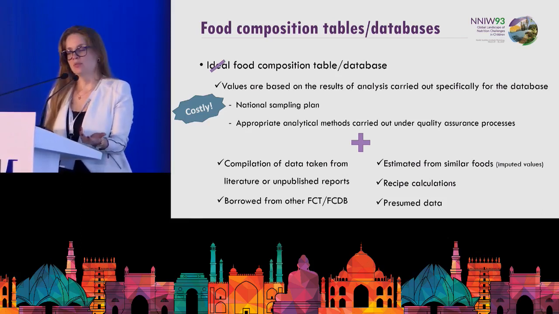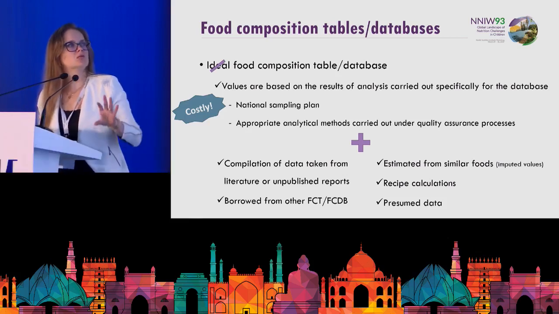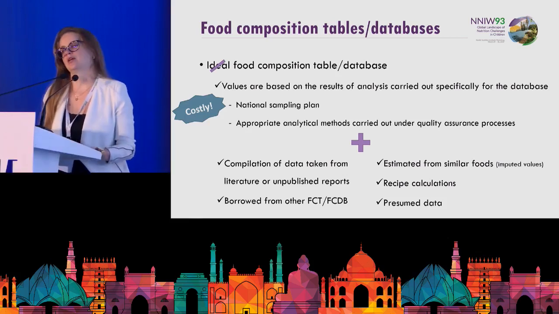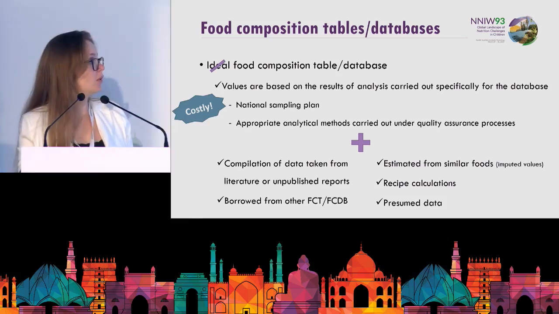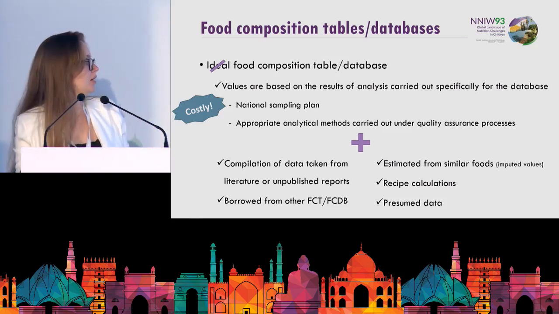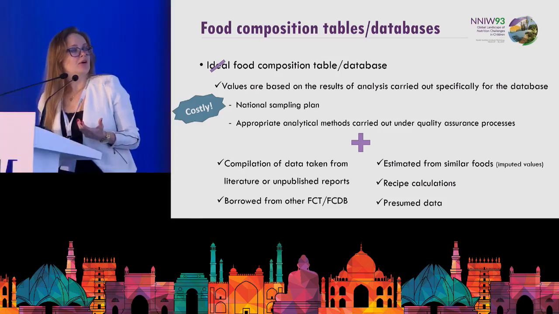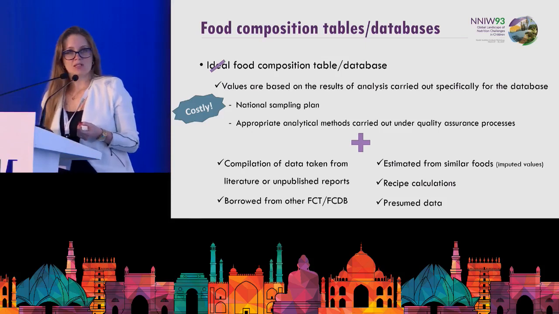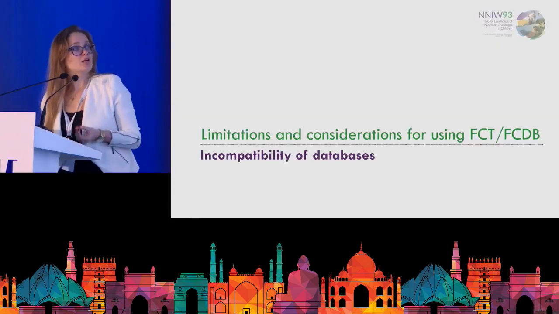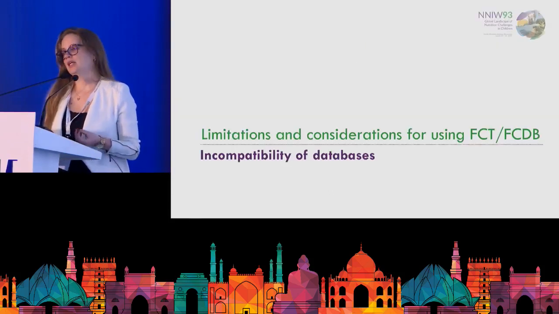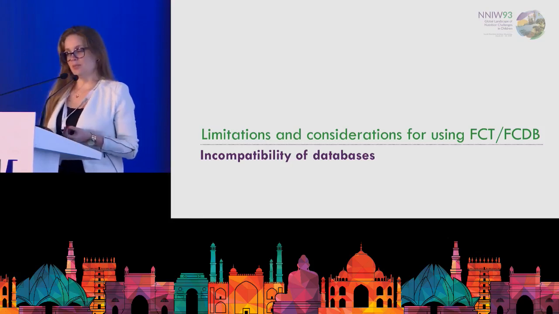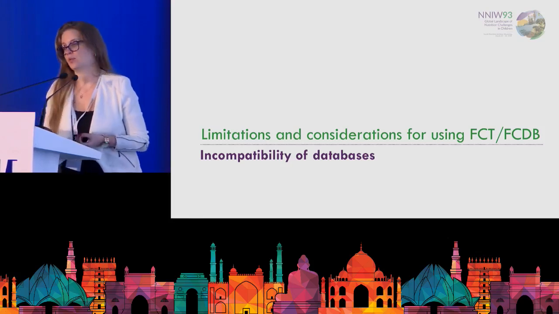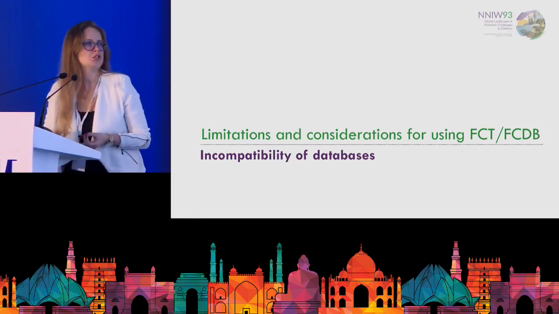So we just assume this value as a 0. So we use all these approaches when we are making a food composition table. So it's a very detailed process. And also, when we are going to use this data, we need to be aware of the limitations and considerations when we are going to use this information.